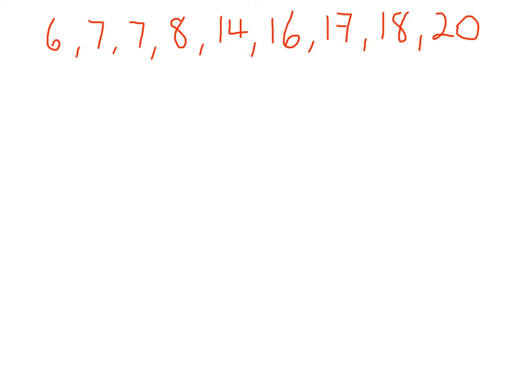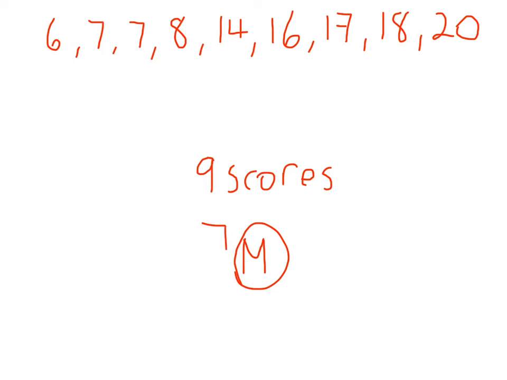If I have this new data set and I want to do exactly the same thing, I first count how many scores I've got, and if you count along with me, 1, 2, 3, 4, 5, 6, 7, 8, 9, I have 9 scores. Because it is odd, there will be one in the very middle. I will have a middle score that is my median, and I need an even number below that and an even number above that.